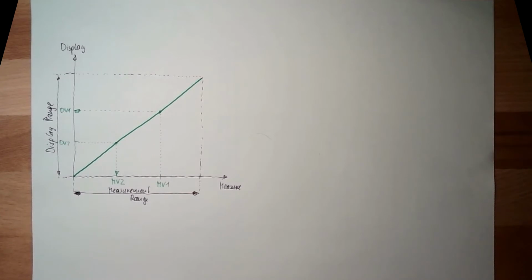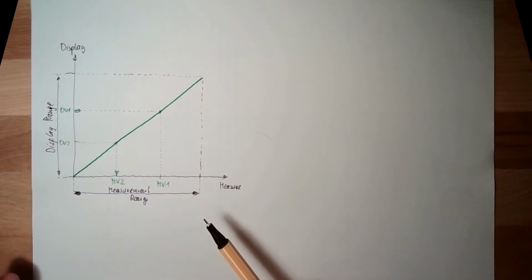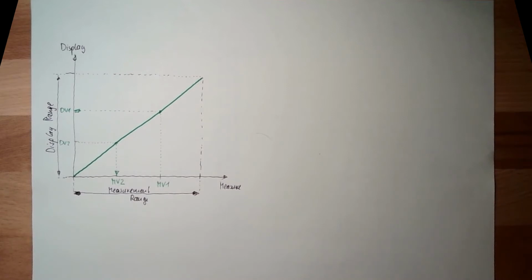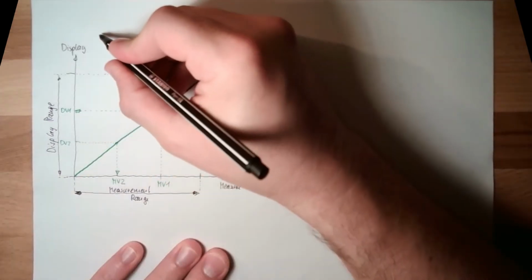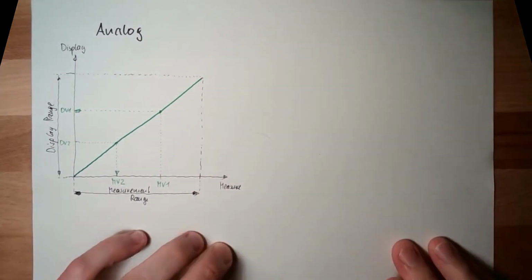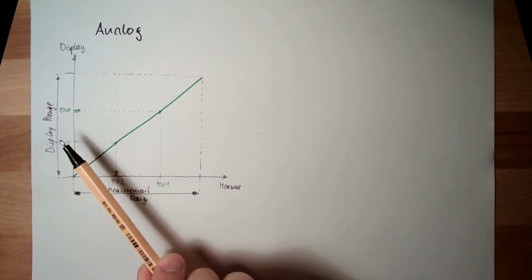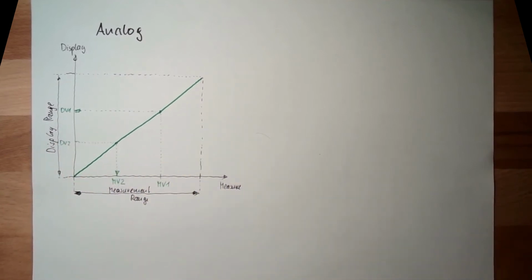So the displayed value is analog to the measured value. There's no difference between them, and that's the analog world. In the analog world, every value has its counterpart on the other side.